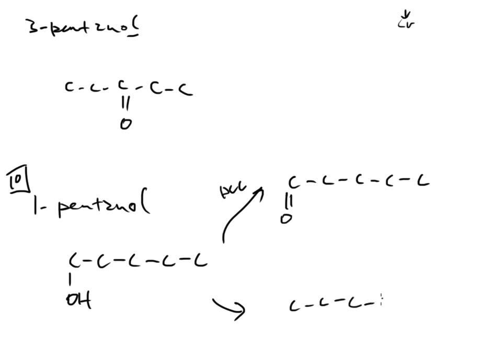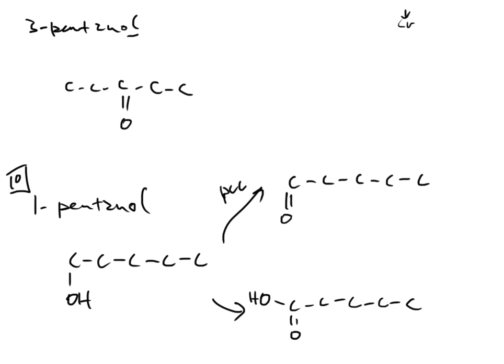So 1, 2, 3, 4, 5, and we have a double bond on that carbon and a hydrogen, but another round of oxidation could squeeze an oxygen in there, and there's our carboxylic acid form. So this would be the traditional sodium dichromate with the acid. And up here at the top would be the PCC that we've talked about, which stops it after that first oxidation takes place. So there are your 2 answers for 1-pentanol.